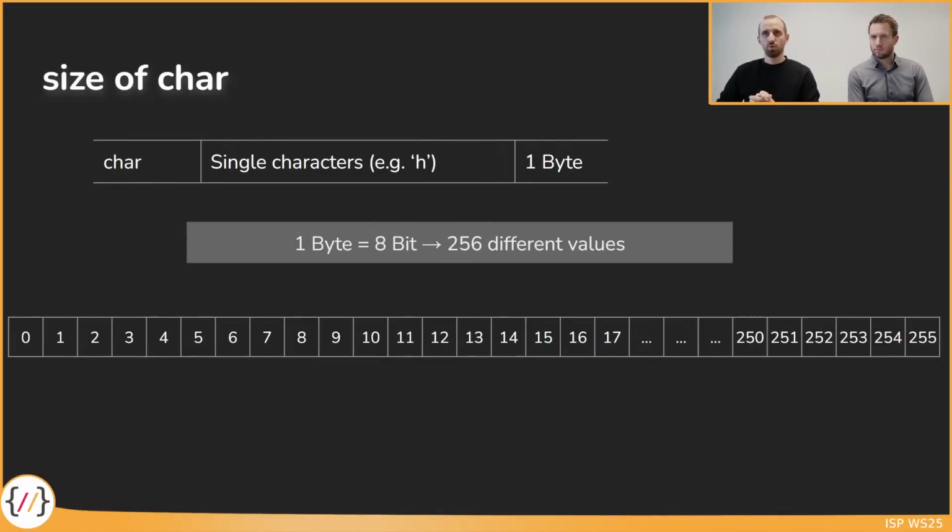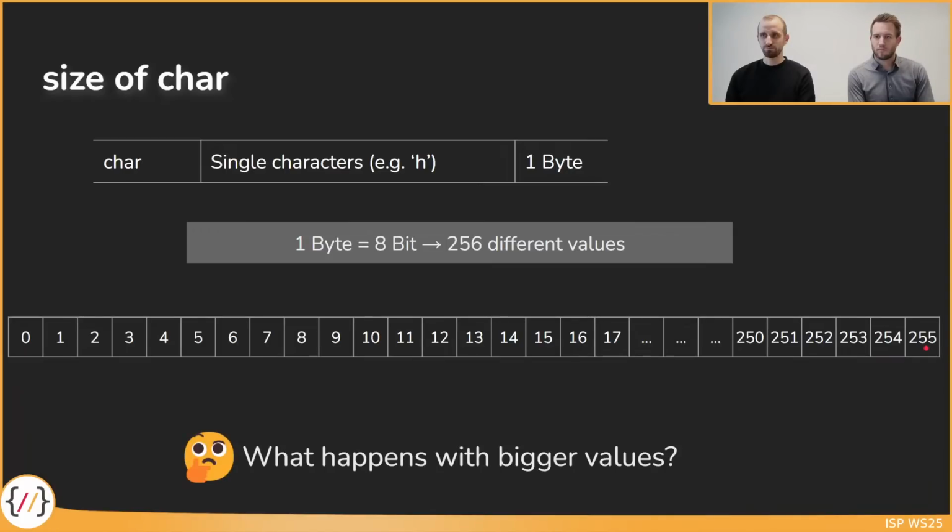So when we look at the size of one character, we know it's 1 byte. 1 byte means we have 8 bits, and 8 bits means we can have 256 different values, starting with the value 0, 1, 2, 3, 4, 5, and so on, up to 255.